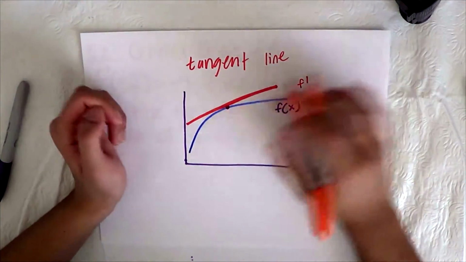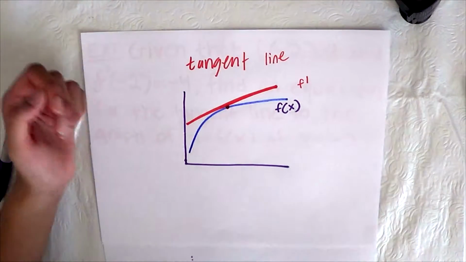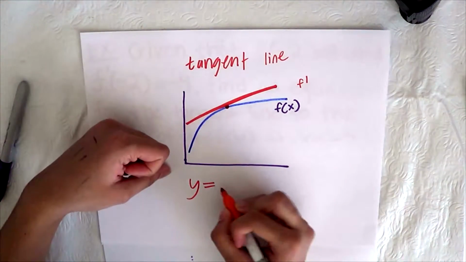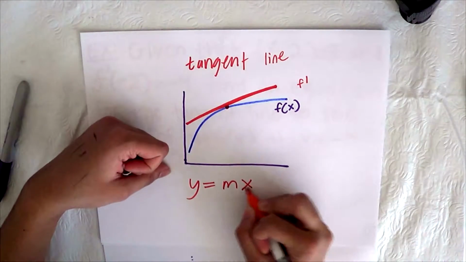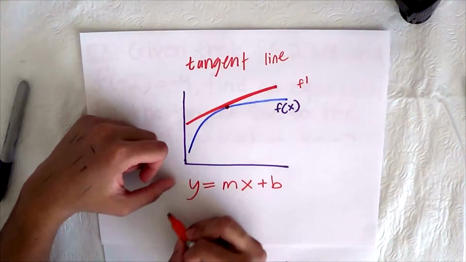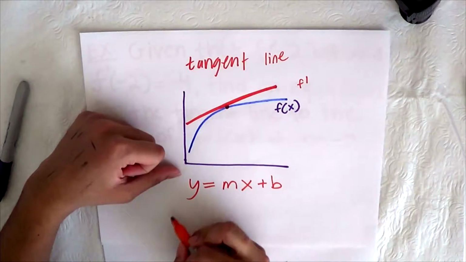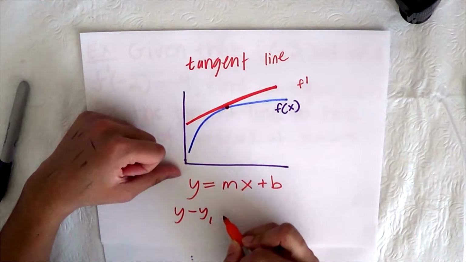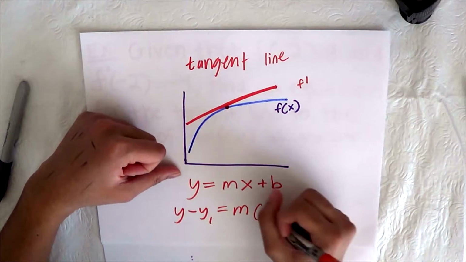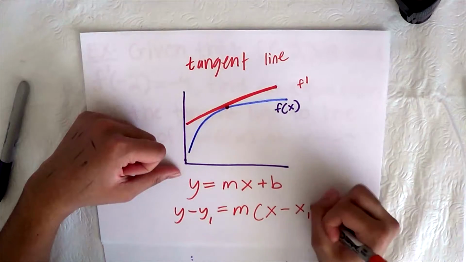As you can see, it's a line, so it's linear. And you would usually write your linear equations like y equals mx plus b. But it's a lot easier to use point-slope form, which is y minus y1 equals the slope times x minus x1.